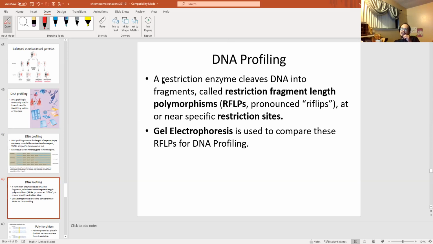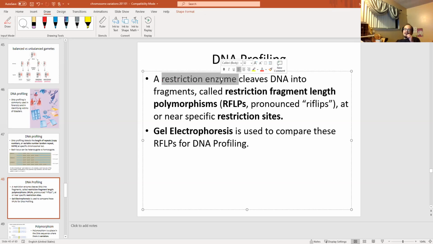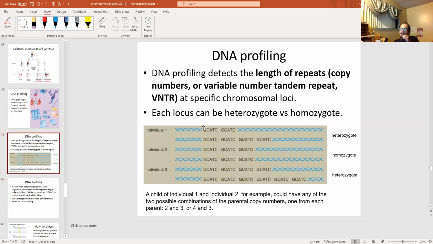There are about 600 naturally occurring restriction enzymes. We can also create artificial ones to match the one that we need. Then it will cut into fragments. It will cut on this location and that location.